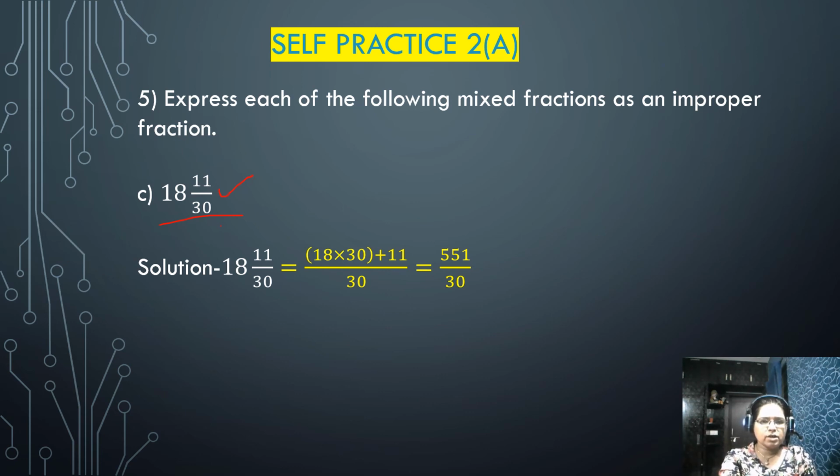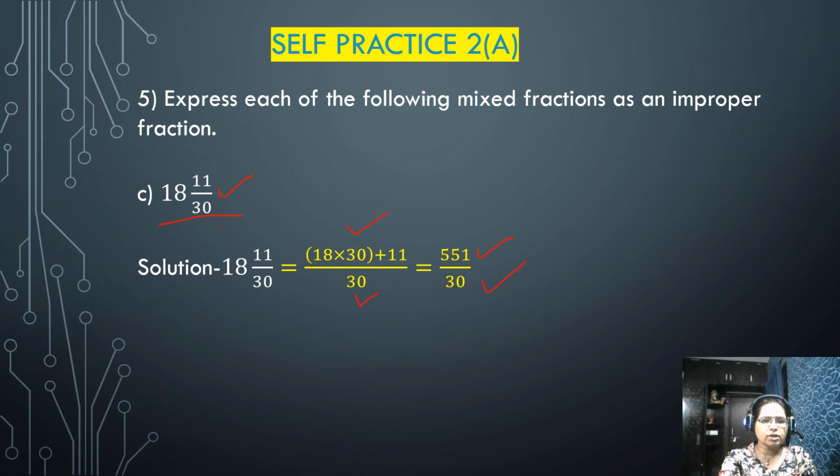When we express a mixed fraction as an improper fraction, we multiply the whole number with the denominator, then we add the product to the numerator, then divide by the denominator. So whole number 18 multiplied by denominator 30 plus numerator 11. 18 multiplied by 30 is 540. 540 plus 11 is 551. 551 is the numerator and 30 is the denominator.